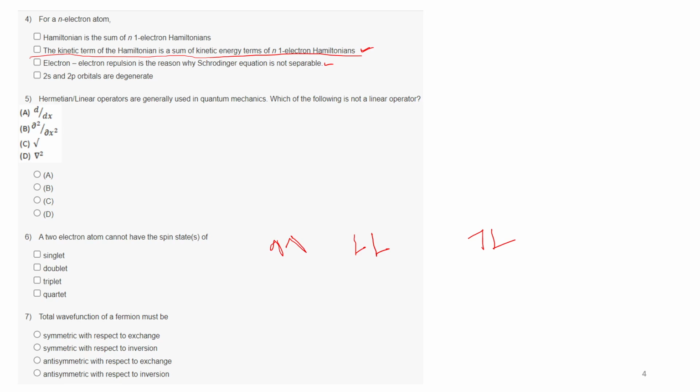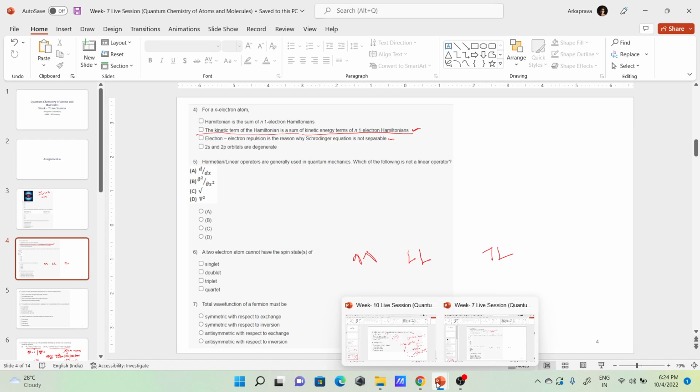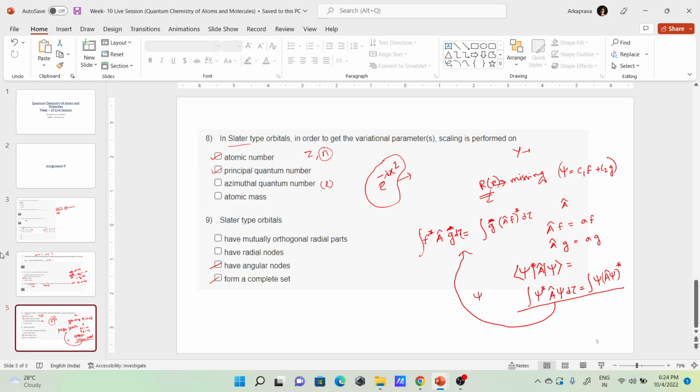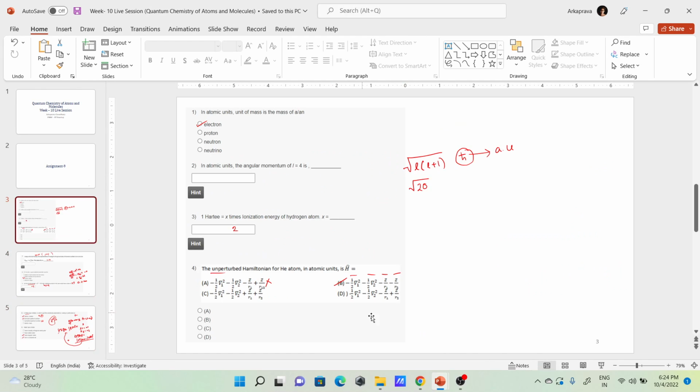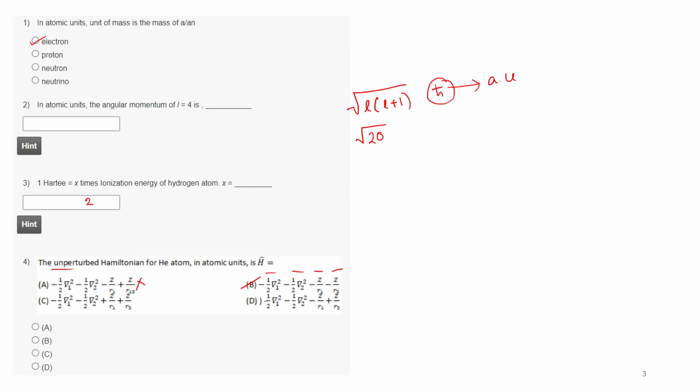Still, when we are doing this Hartree-Fock problem or multi-electronic system, see the last problem also, the unperturbed Hamiltonian which we solved just now didn't have the nuclear part. You also didn't bother about the nuclear part.